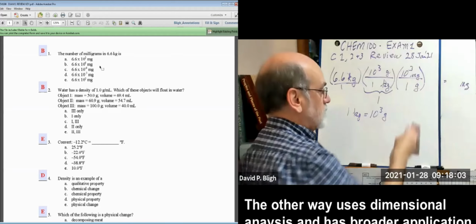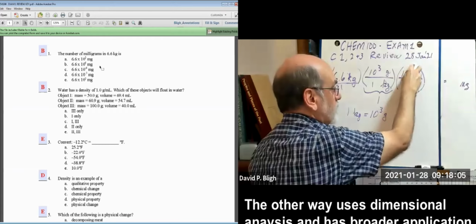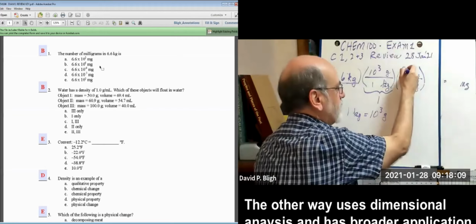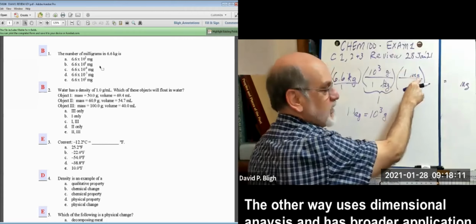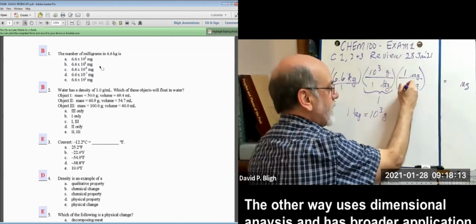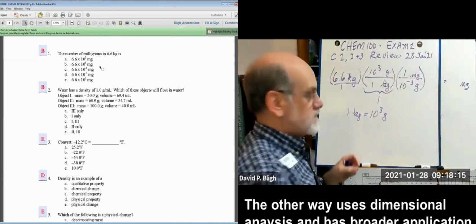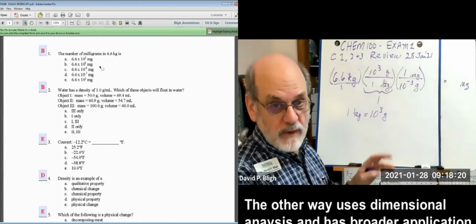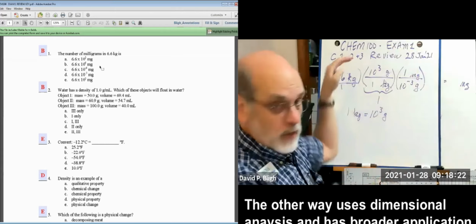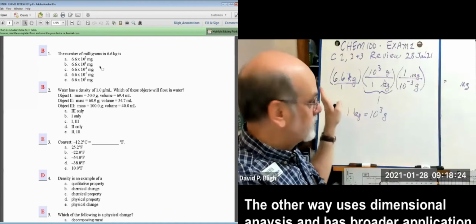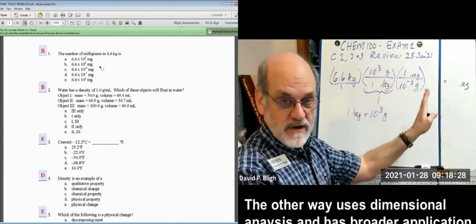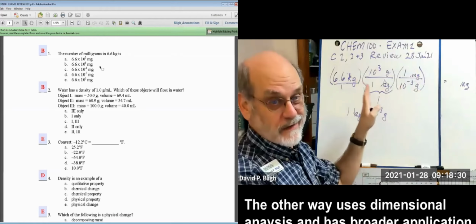Or this would work just as well: 1 milligram is 10 to the minus third grams. Okay, either way works fine. All you have to do is remember your mathematics and what to do with the numbers. Once you've done all your thinking and you start to crunch numbers, be sure you crunch them correctly.